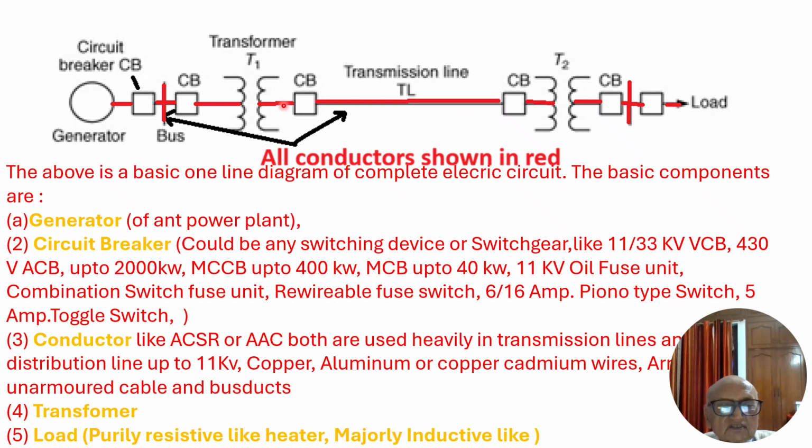Once again, after the transformer, they are loaded to transmission line through circuit breaker. So you can see right from generator up to load, we get circuit breaker at many layers, at many places.